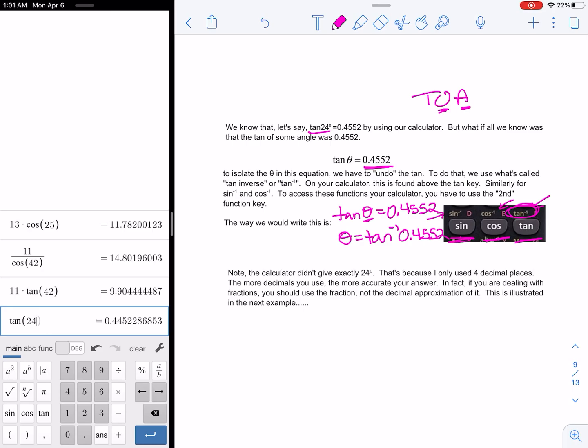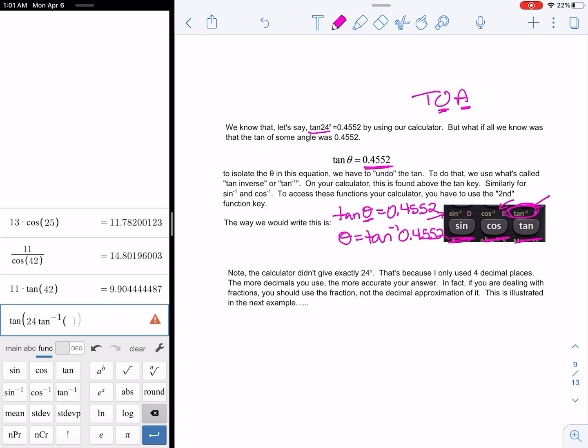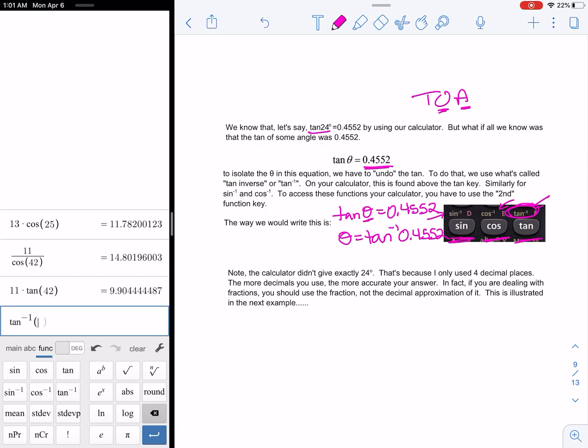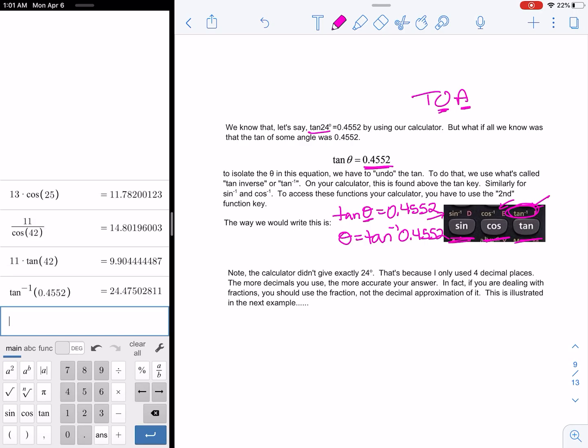On my calculator, I have to hit function, and that will give me tan inverse. Oops, I forgot to clear that. So let's try that again. Tan inverse, and then I type in 0.4552. And it tells me that theta is the angle 24.5 degrees, rounded.